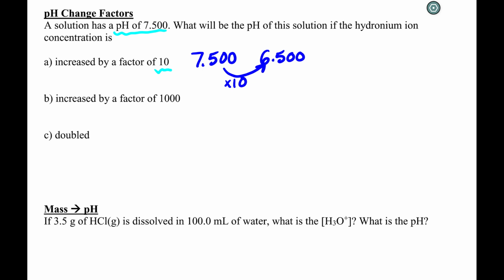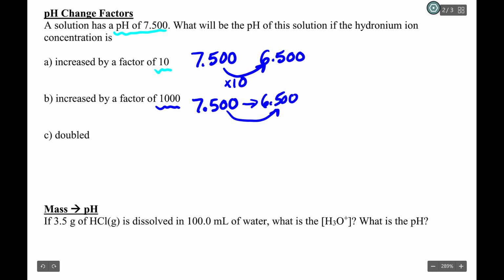For B, if I increase the value by 1,000, I would essentially have to move that over 3 times. This would be 6.500 if it was 10 times more concentrated, but it would be 5.500 if it was 100 times more concentrated.